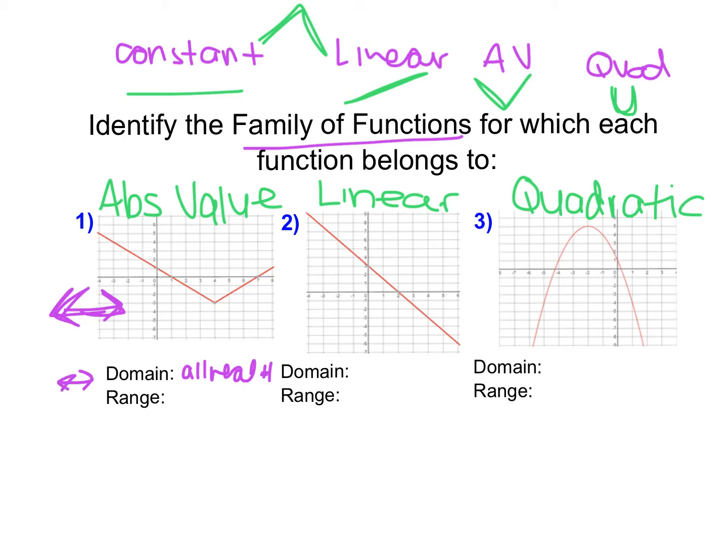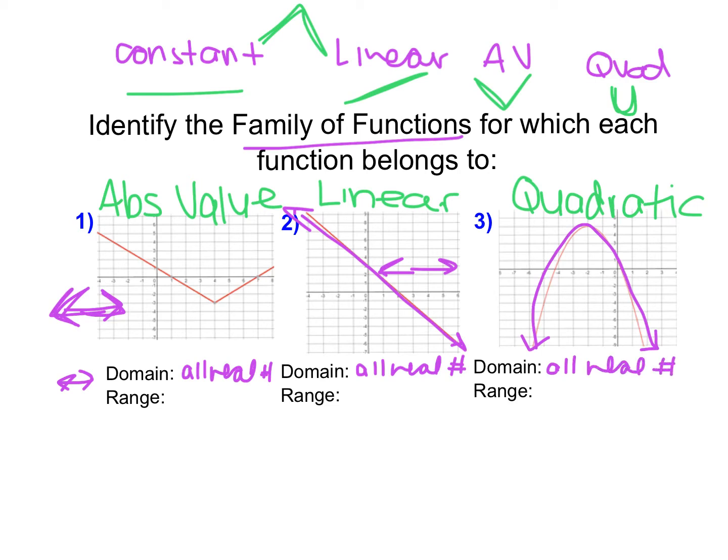When I look at graphs 2 and 3, I notice the same thing. This one, even though it's a diagonal line, it is going forever to the right and forever to the left as well, which means my domain is, again, all real numbers. And the quadratic graph, again, while it's a U shape, is still going forever to the left and forever to the right in some way, and I still need all x values, so the domain of that graph is also all real numbers.